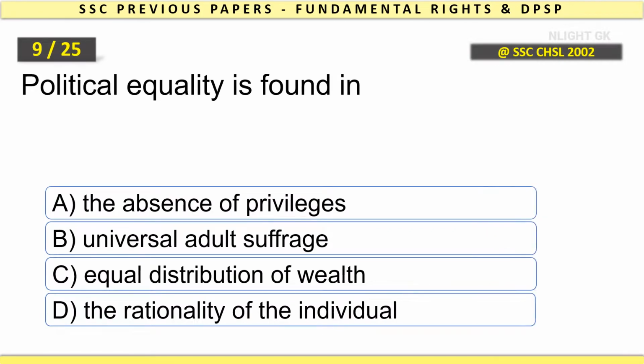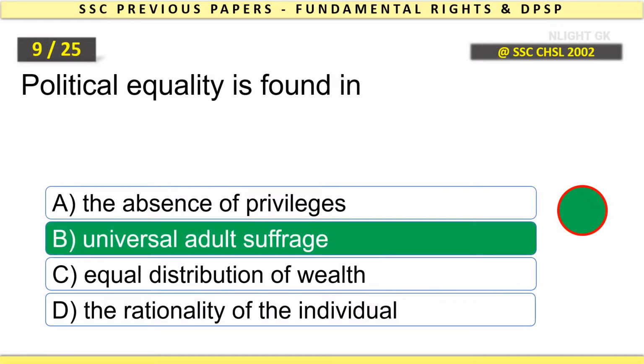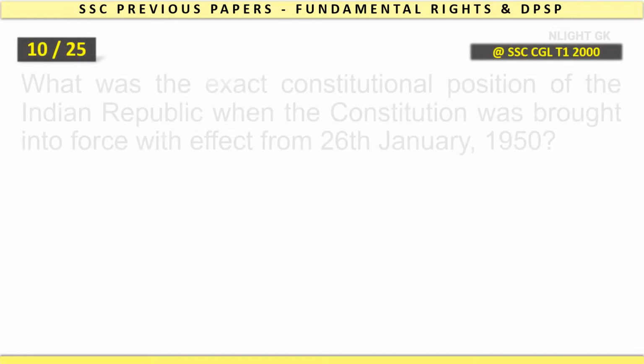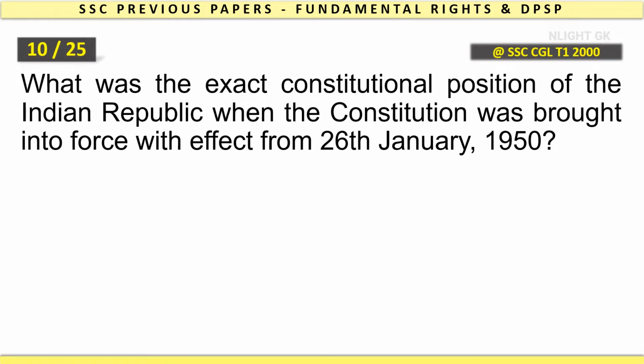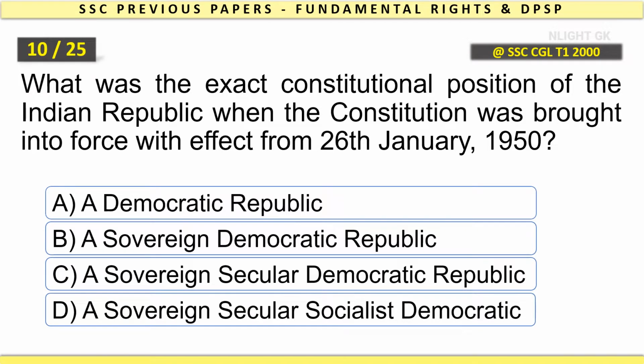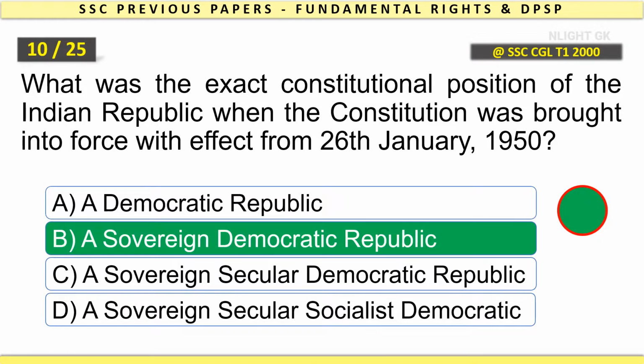Political equality is found in universal adult suffrage. What was the exact constitutional position of the Indian Republic when the Constitution was brought into force with effect from 26 January 1950? A sovereign democratic republic.